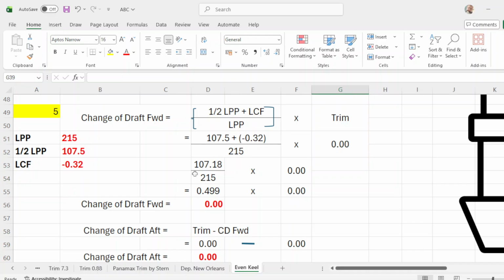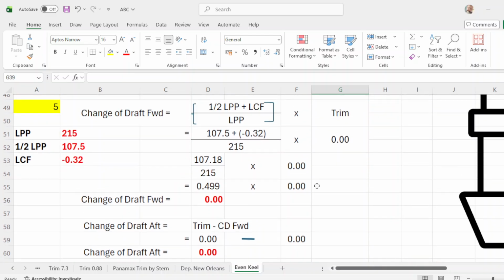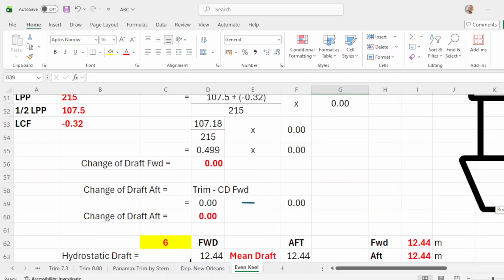You add this together, that will be 107.18 over LPP times 0. So divide this one, you will have 0.99 times 0. So your change of drop forward will be 0, and the change of drop aft will also be 0. That's number 5, okay? Number 5, we go to number 6.